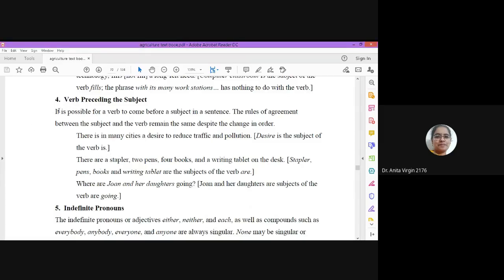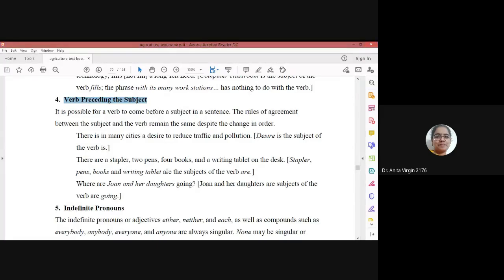We'll just move to the next one. Usually the sentence pattern will be subject, verb, and then you will have object or complement. Sometimes direct object, indirect object, all these will be there. But in some cases, you will have the verb before the subject, like verb and then subject, VS. Sometimes, not always.